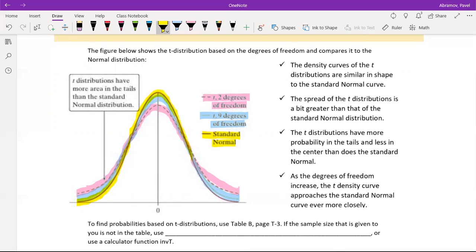So what is happening is that as our degrees of freedom increase, so the bigger the sample size, then the t distribution approaches the standard normal curve. So the t distribution is never truly a normal distribution, but as our sample size increases, the distribution becomes more and more normal. So eventually we can basically say, hey, this is approximately normal.